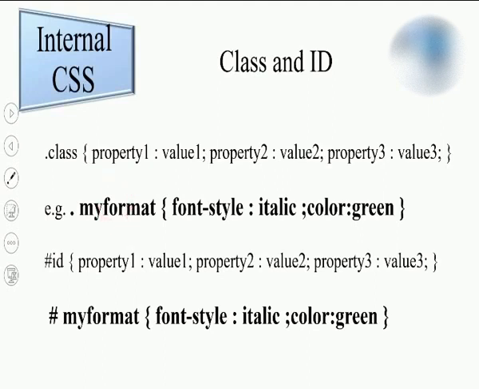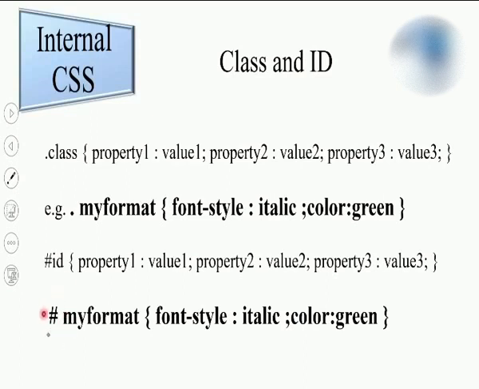In the examination, a question may come for the declaration of the class. So dot is important. This dot is used for declaration of the class. I want to specify the style as italic and color green for my format style, so I wrote the syntax something like this. What if I want to specify an ID?